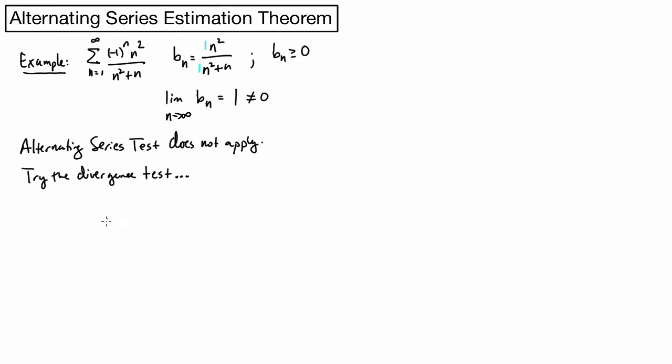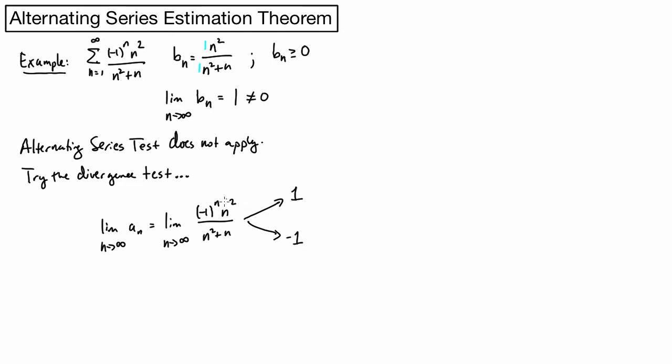So for example, the divergence test says look at the limit of the terms of the sum. In this case, that's the limit as n goes to infinity of the whole term here. And because bn goes to 1, then the entire term is either going to go to 1 or to negative 1, right?